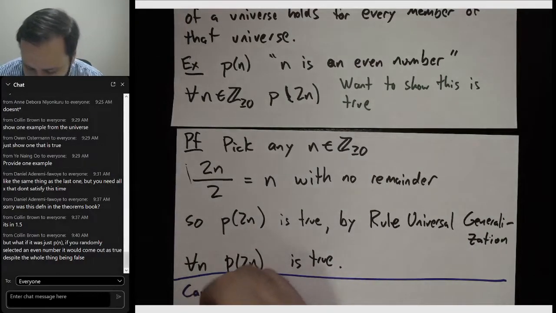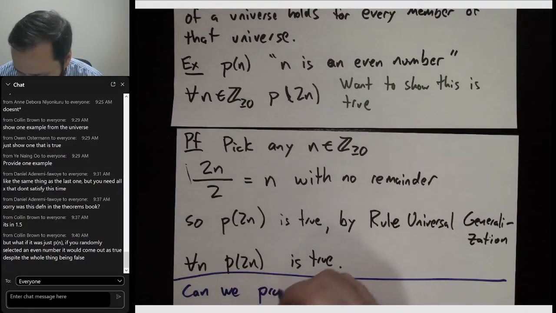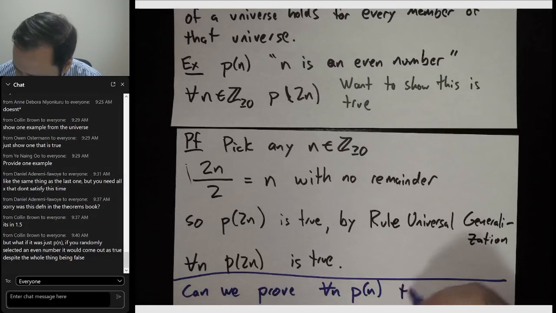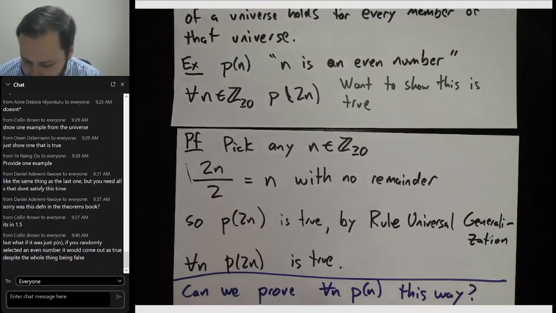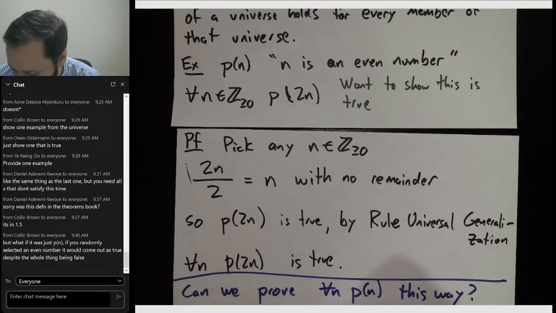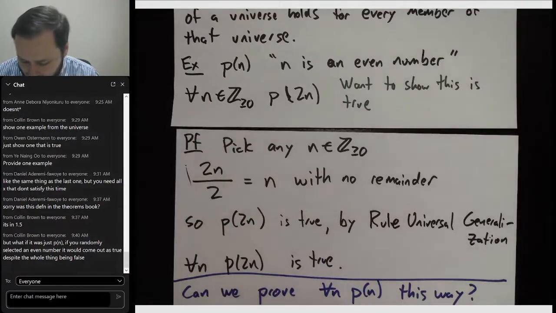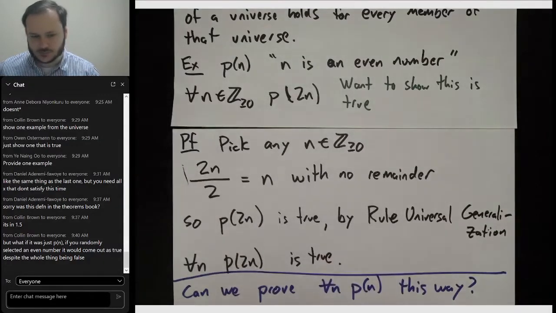Can we prove for all n, P of n this way? So I pick any n in Z greater than or equal to 0, and I look at n divided by 2.